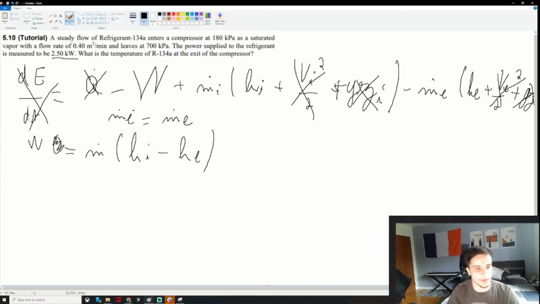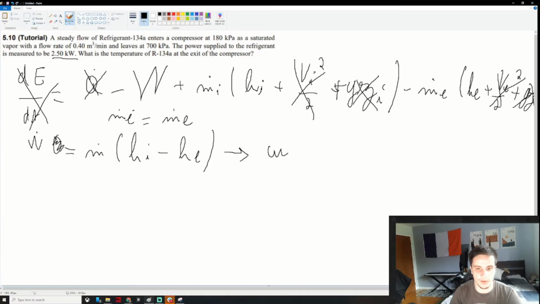So talking about work, we could leave it as such, and we also have the volumetric flow rate, which we can use to find mass flow rate, or we could just divide everything by mass flow rate, and then you would have small w.